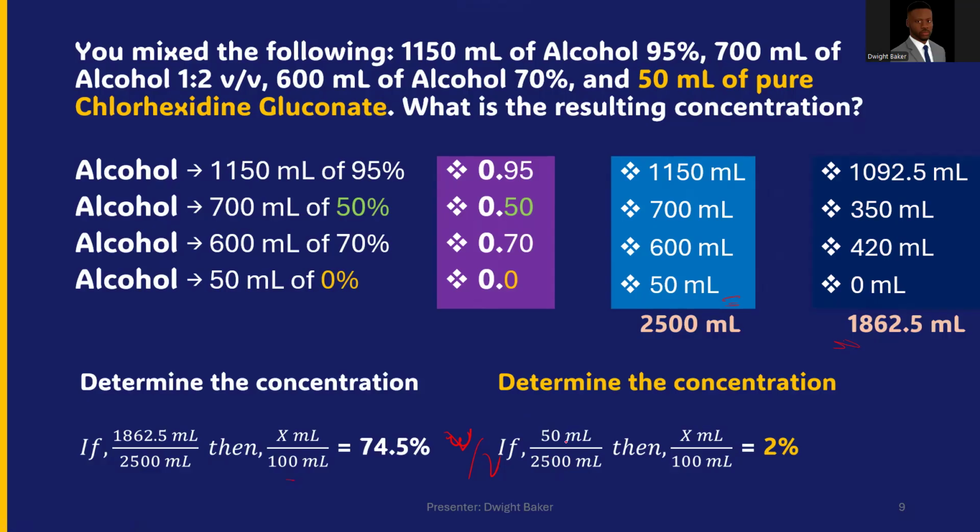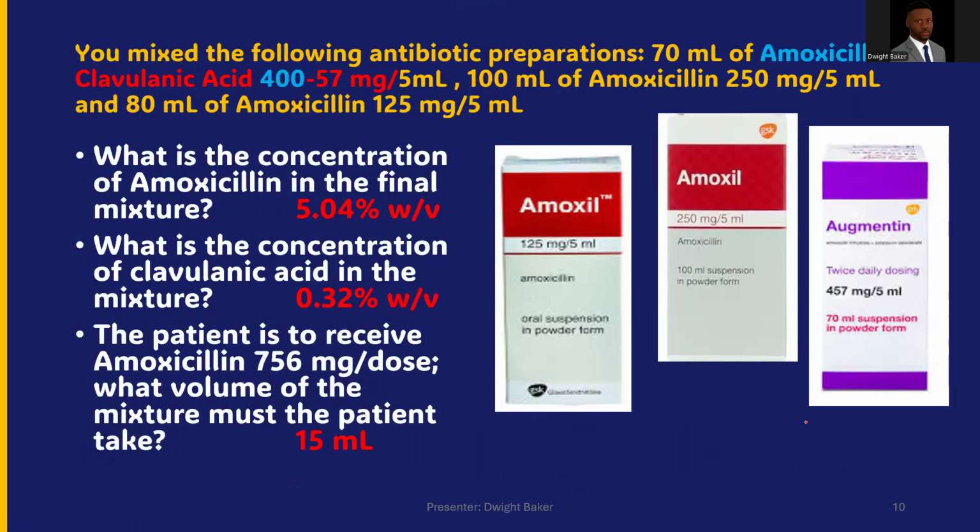So if you have 50 mil in the 2,500 mil, what is this in terms of percentage strength? X mils is going to be contained in 100 mil. Once you work that out, you're going to get 2%, and this you can refer to as weight in volume or volume in volume. All right, so we did 50 mils, so let's put this as volume in volume.